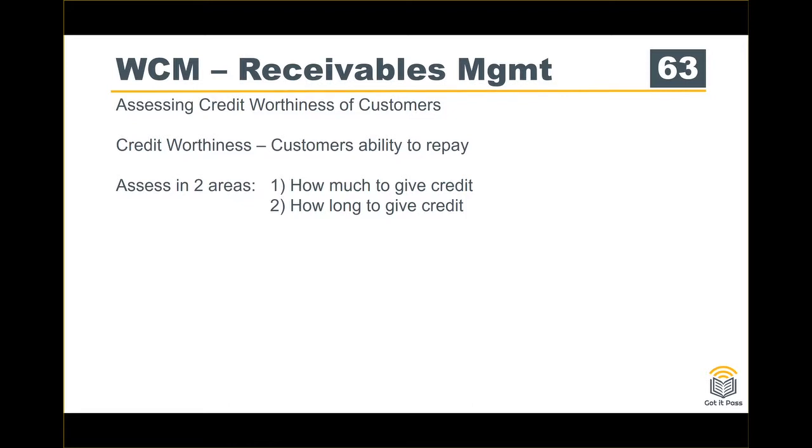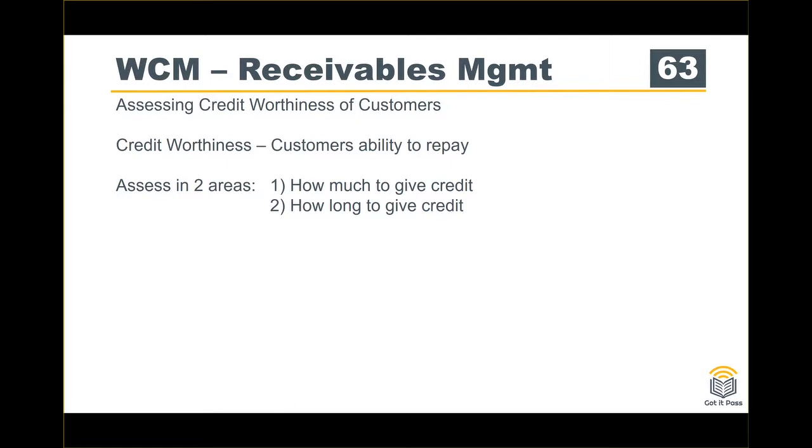Okay, you have a new customer, or you have a customer with some transactions with you. Then you are the credit controller. In the annual review of your customer's credit history, you have to assess in 2 areas. For example, in the past, say 1 year, is there any delayed payment? If no, then you have to determine how much credit to be granted and how long.